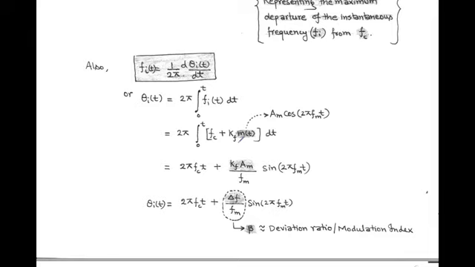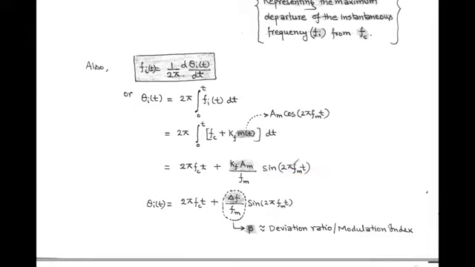So the instantaneous angle has two terms. The first term is 2 pi fct, that is obtained by taking 2 pi fc integration of dt, and the second term is 2 pi kf into Am integration cos 2 pi fmt dt, and its value is kf into Am upon fm sin 2 pi fmt.